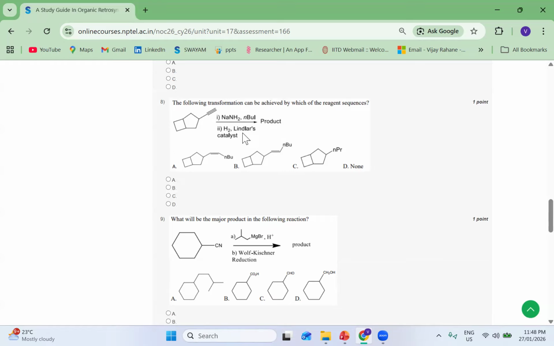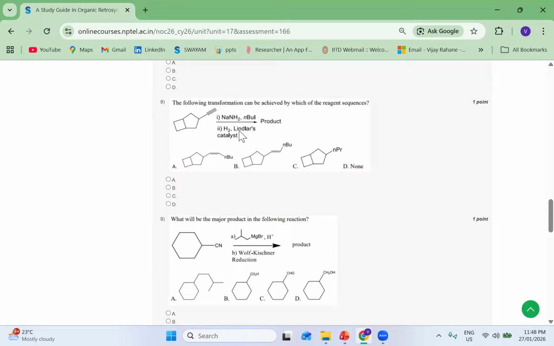Do you know the difference between Lindlar catalyst and the reduction using lithium metal? If you do the reduction of the triple bond with lithium metal, then we get the trans alkene as a product.